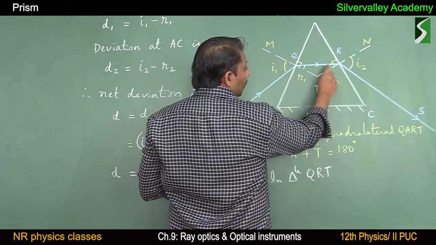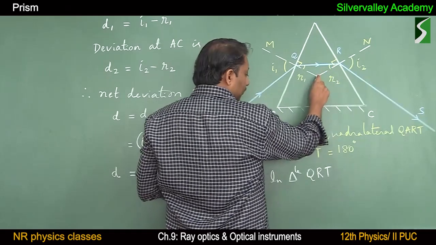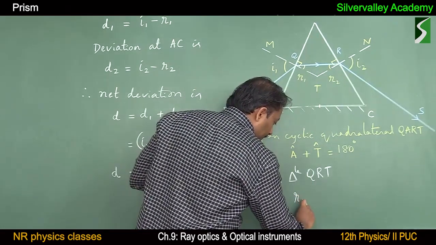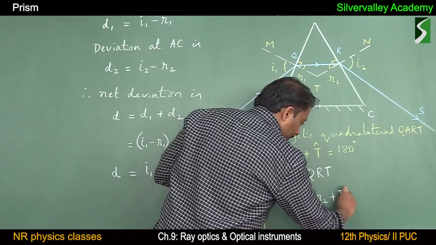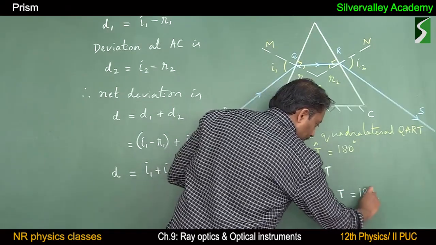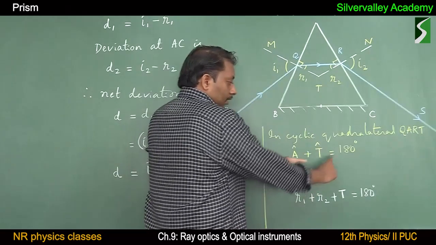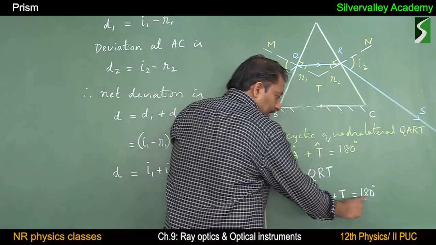So, R1 plus R2 plus T. This is 180, this is 180.